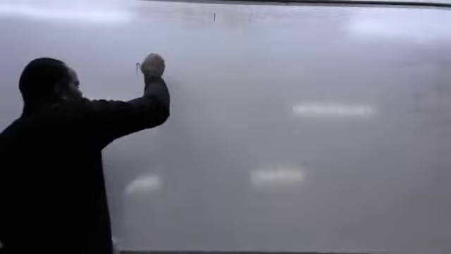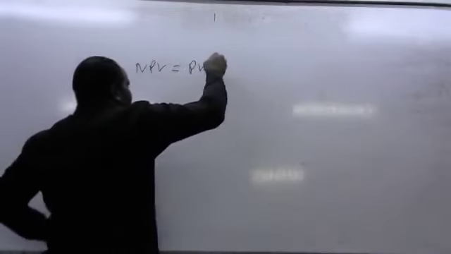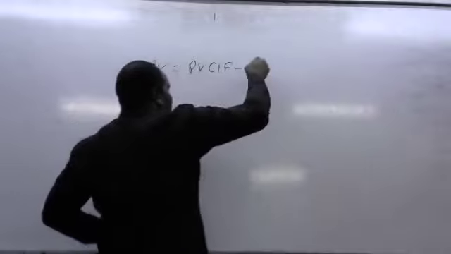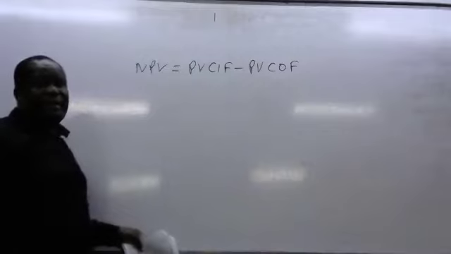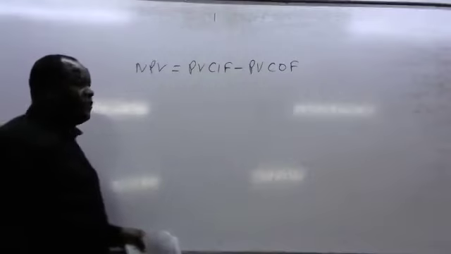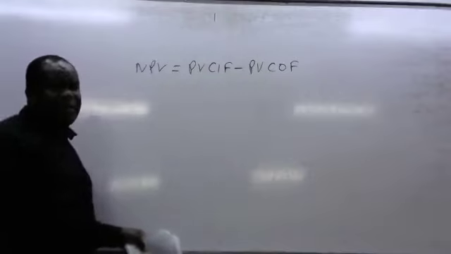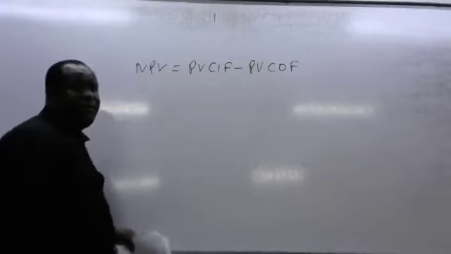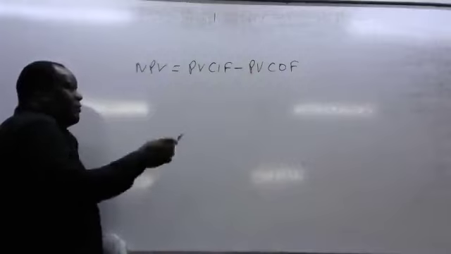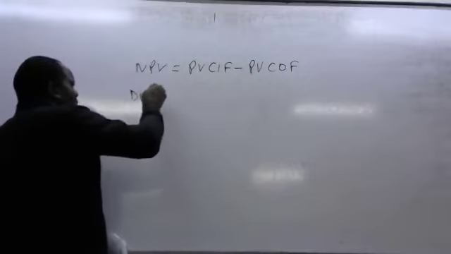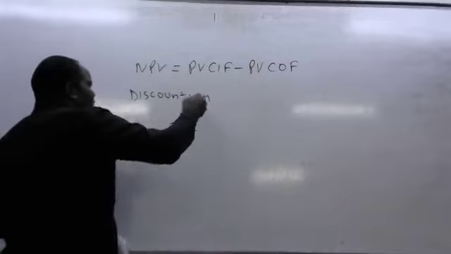NPV will be equal to the present value of the cash inflows minus the present value of the cash outflows. I will first show you how to get the discounting rate.